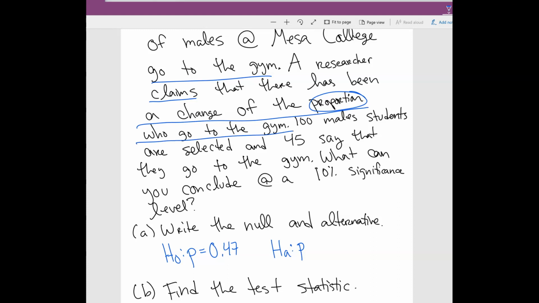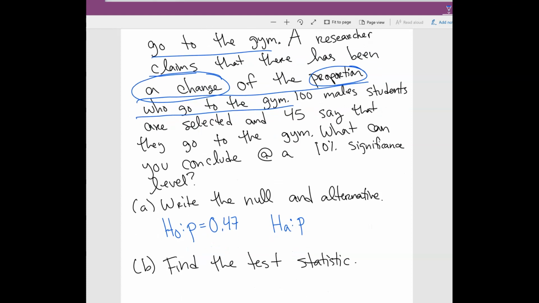So a change. Is it very specific in terms of whether it says increase or decrease, or is it really vague? You can see that it's really vague. It's not specified whether there's been an increase or a decrease. Because there's no specification, we're just going to say not equal to.